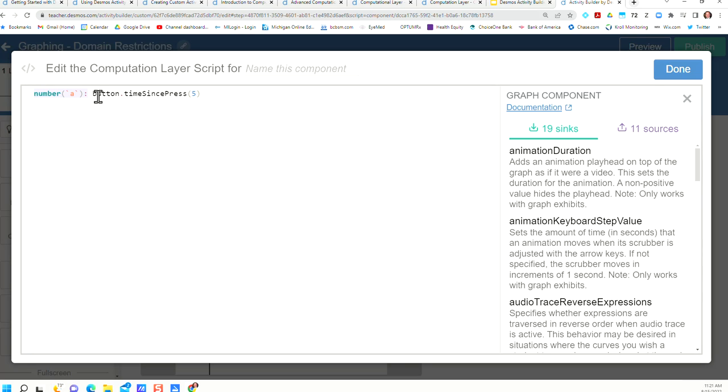After I define the number A, well, what's it going to come from? It's going to pull from the button component the source of time since press 5. What that means in layman's terms is once the button is pressed, A becomes a timer, and it's going to count from 0 up to 5. We're creating a 5-second timer. And I used 5 because I know that's how long it's going to take to fall to the ground.